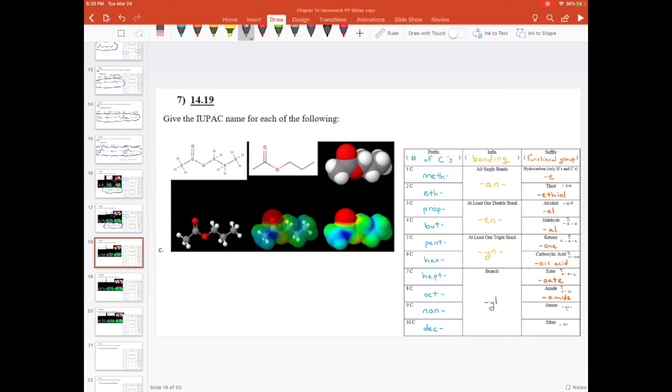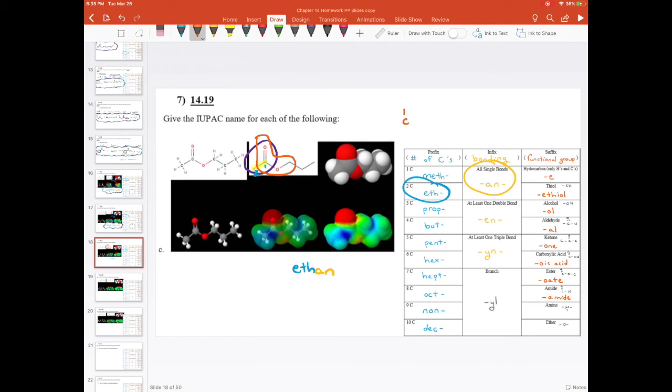Here again we have two carbon chains. The carbon chain that has the double bond to the oxygen is the backbone, so let's name that first. That has 2 carbons, so the prefix is going to be eth. In between the carbons, there's only a single bond, and so the infix will be AN. And if you look at the elements that are not carbon or hydrogen, they represent an ester.